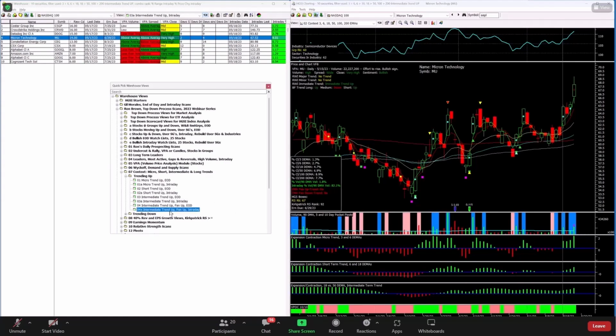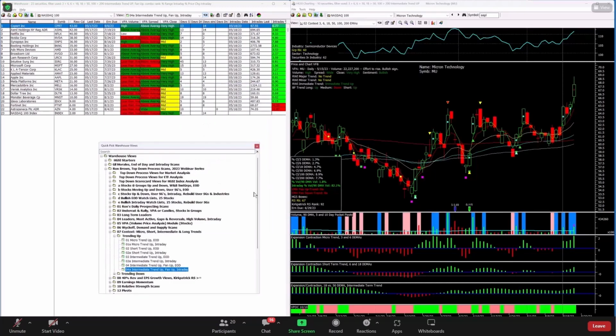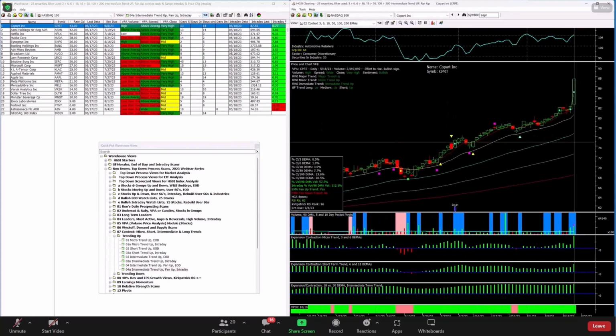And then finally, intermediate trend up with a fan up. This is where you're going to find some of the strongest stocks, because the fan is in place also. Look at this beauty. This fan has been in place for a long time.